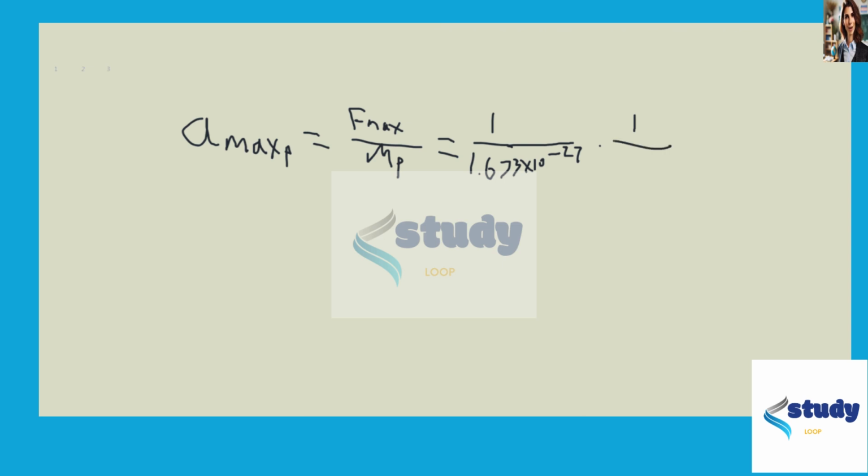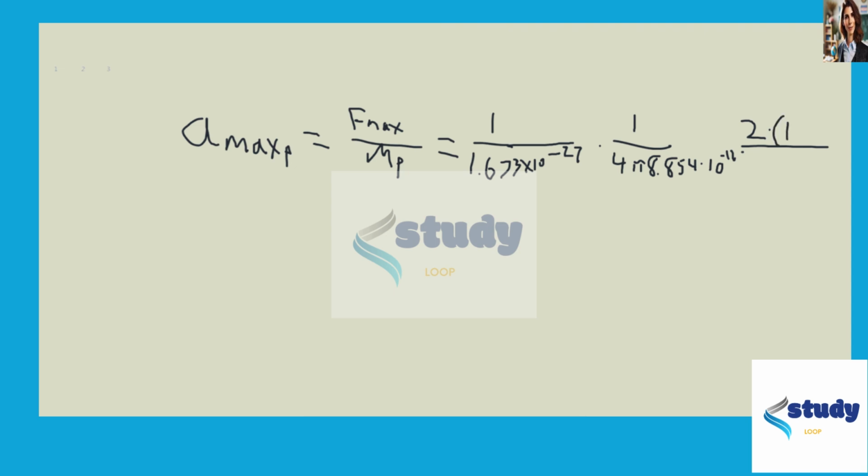So 1 over 4 pi epsilon naught, which is 8.854 times 10 to the minus 12, times the product of their charges, which is going to be the electron charge times 2 times the electron charge, since we know the alpha particle is twice the charge of the proton, which is the same as 2 times the square of the electron charge.